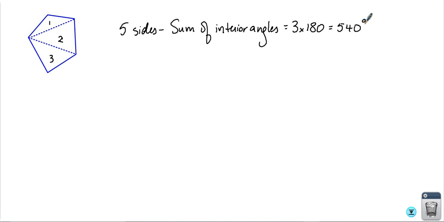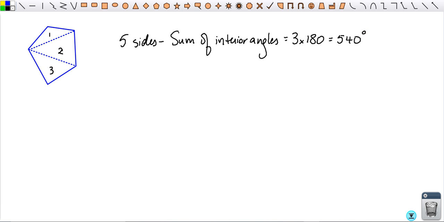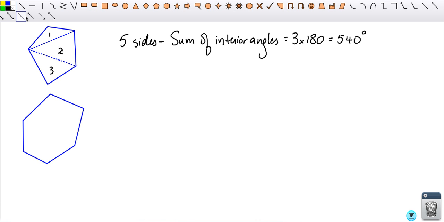It's interesting, as you can see, that we started with one triangle, then we had 2 triangles, now we have 3 triangles. You can assume what's going to happen when we have the next shape having 6 sides. So let's see. So that is a 6-sided polygon. I'm going to divide that into triangles. Always use one vertex, doesn't matter which vertex you take.